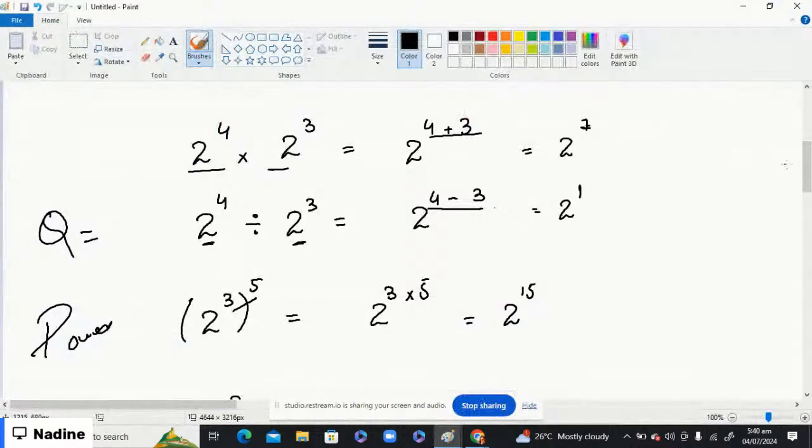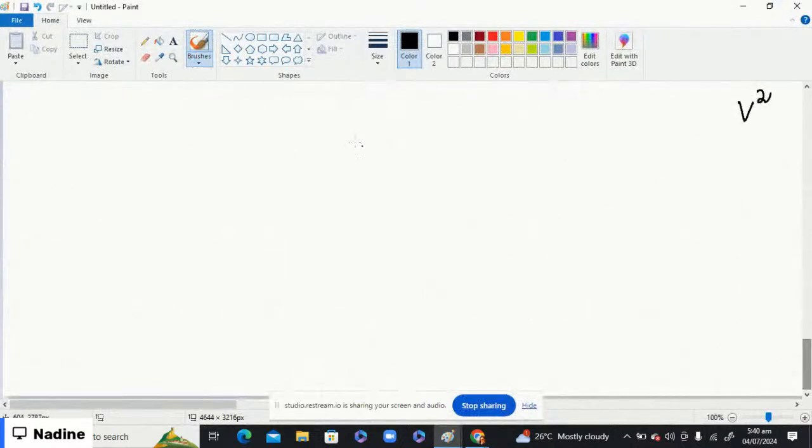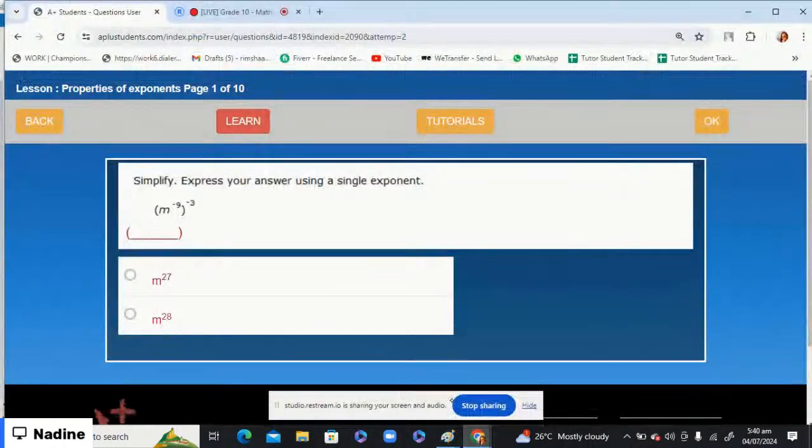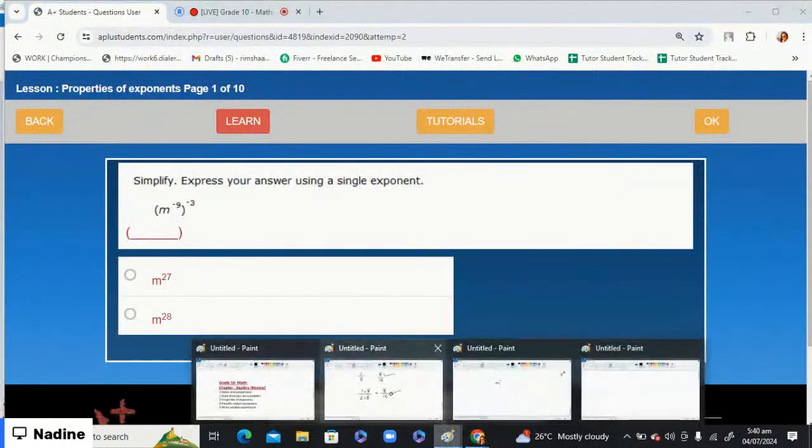This is the power of a power rule. M power minus 9, power minus 3.